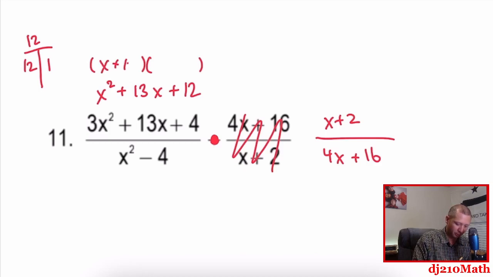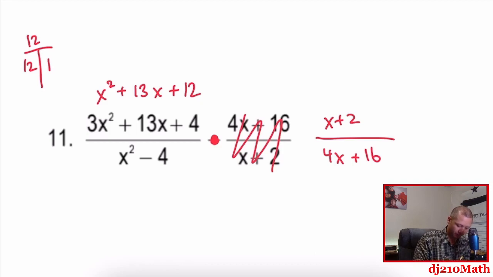So x plus 12, x plus 1. Our bottom left. Actually, we have to remember that because we did the slide and divide method, this really isn't the final factors.